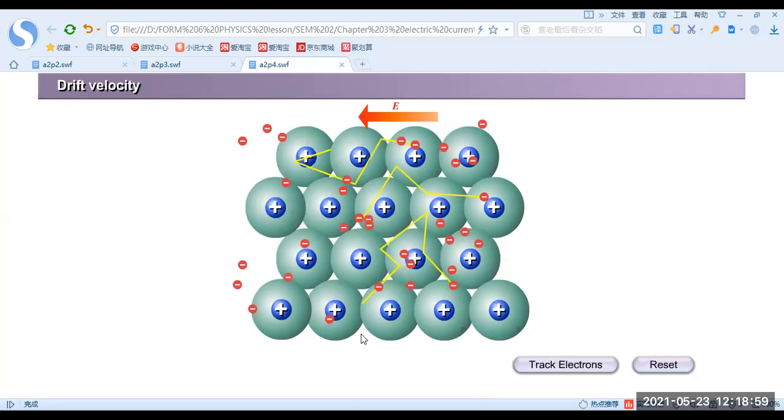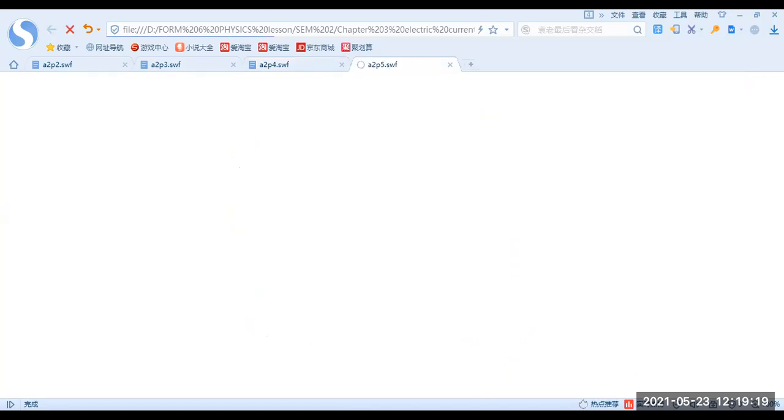Now we go to the next slide. Again, the velocity of the electron when the electron is in the electric field, we call the drift velocity.